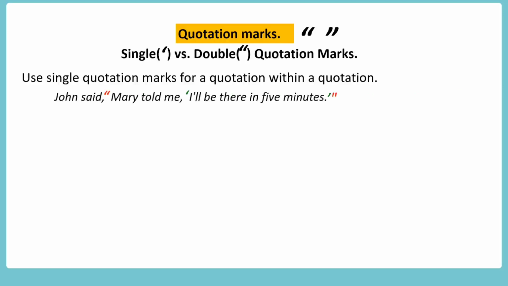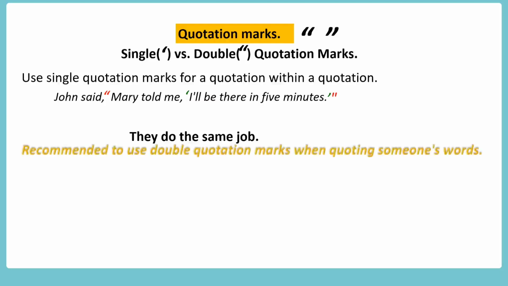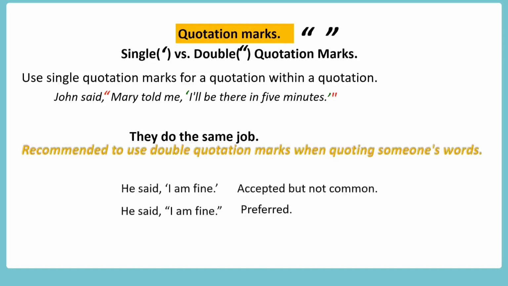Apart from this, single and double quotation marks serve the same purpose of indicating quotations, and choosing between them is largely a matter of personal preference. However, it is recommended to use double quotation marks when quoting what someone said, as in the sentence, he said, "I'm fine."